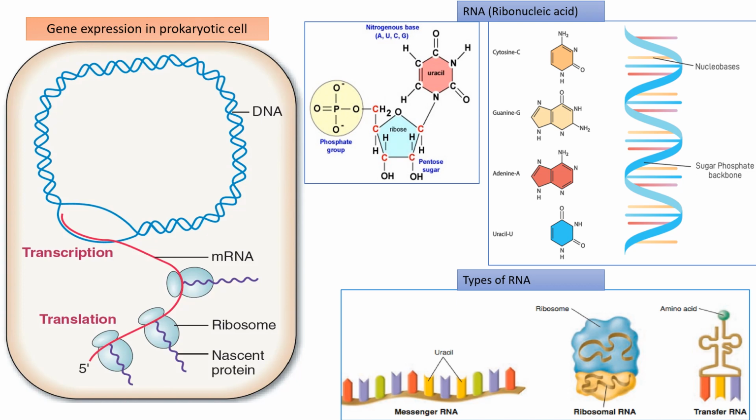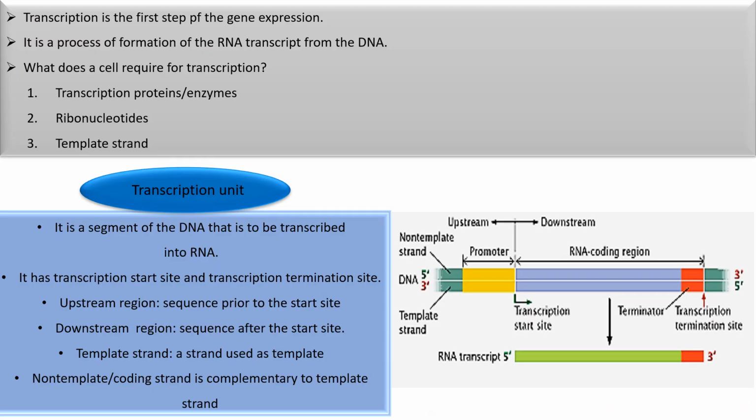But now let's focus on the transcription. As I told you earlier, transcription is a process of RNA synthesis. But for transcription, a cell requires three basic things: transcription proteins or enzymes, basically the RNA polymerase enzyme that carries out the whole transcription process; second, ribonucleotides; and third, the template strand.